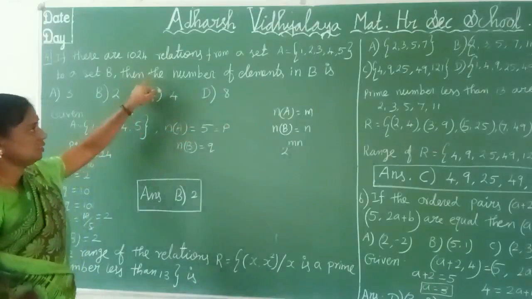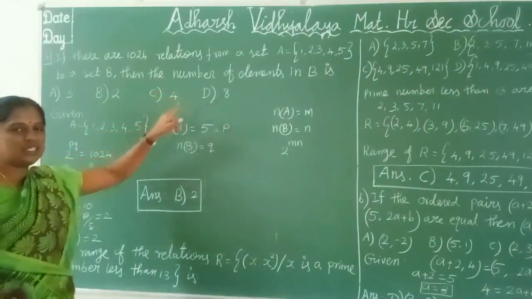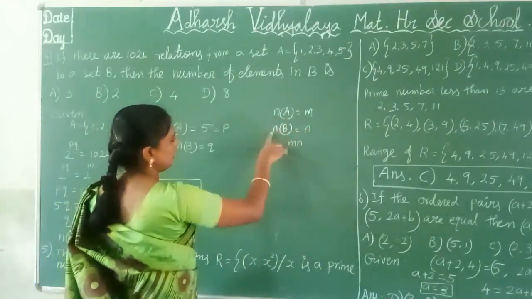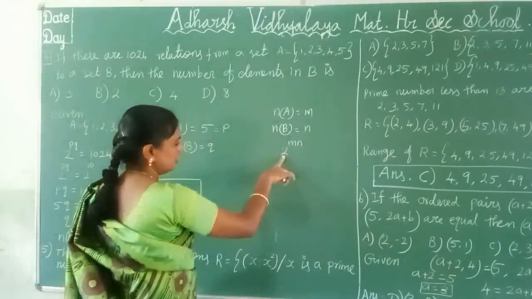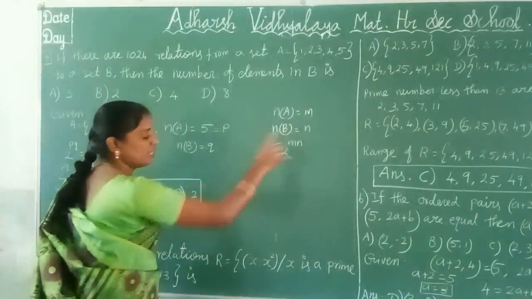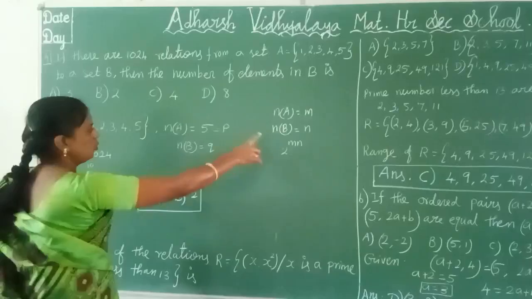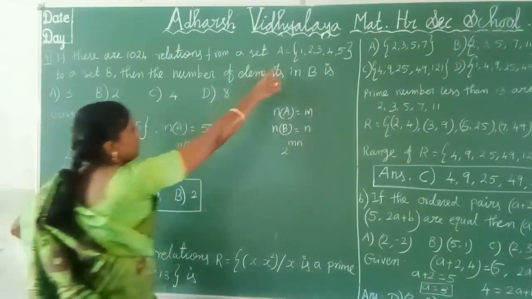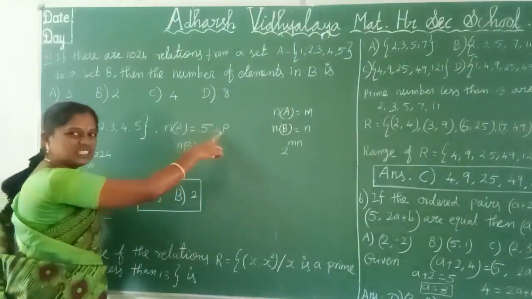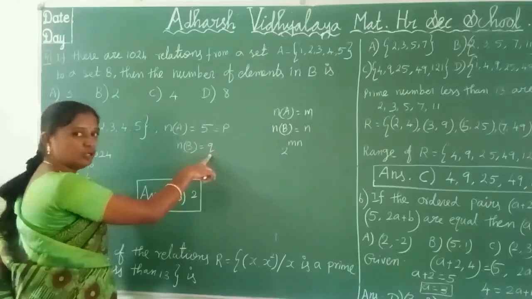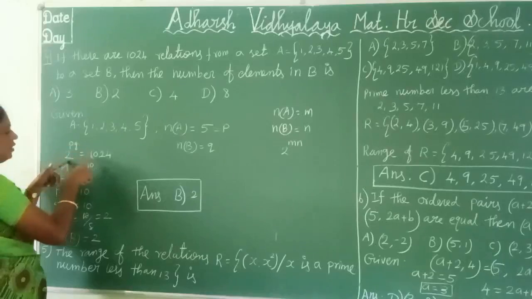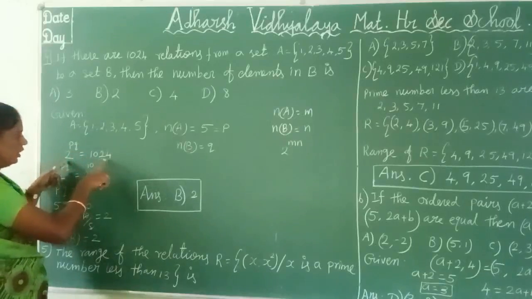In the relations exercise we already discussed: suppose the number of elements n of A is m, n of B is n, then the total number of relations from A to B is 2 power mn. Apply this rule here. A is given as 1, 2, 3, 4, 5, so n of A is equal to 5. We consider that P, and n of B equal to Q. So the total number of relations 2 power PQ is given as 1024.